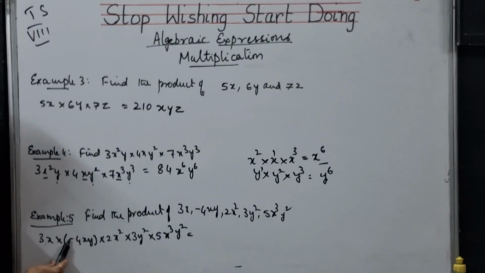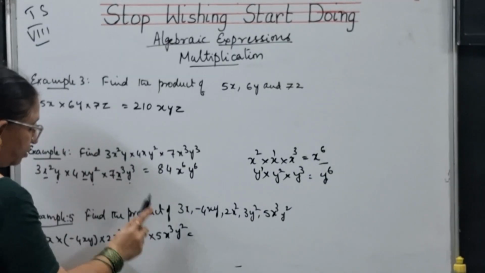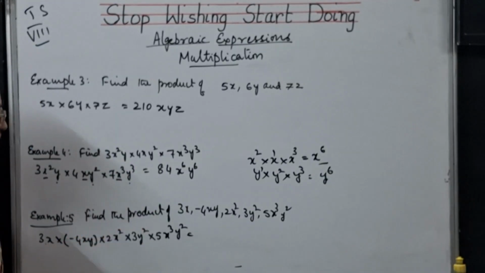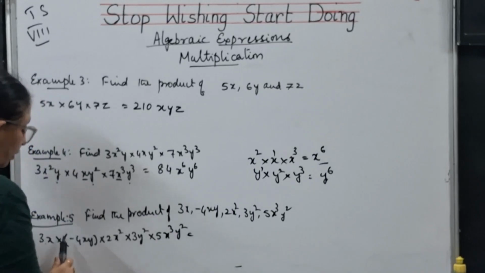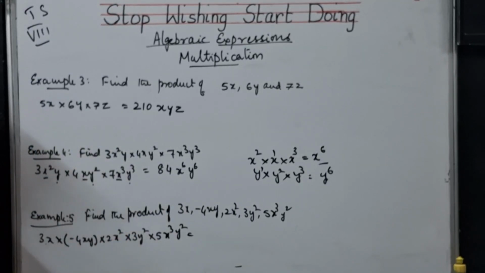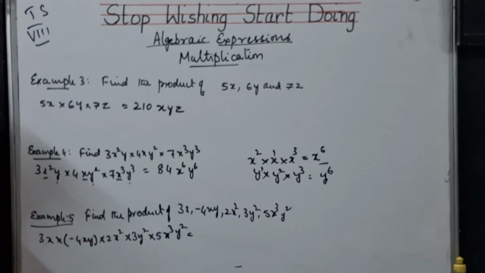Here you have only one minus sign. If you have an even number of minus signs, you will get plus. Remember that always. Even number of minus signs means two minus signs, 2 is even. Suppose you have 4 minus signs, 4 is even. So like that, by the number of minus signs you can understand whether the answer will be plus or not.